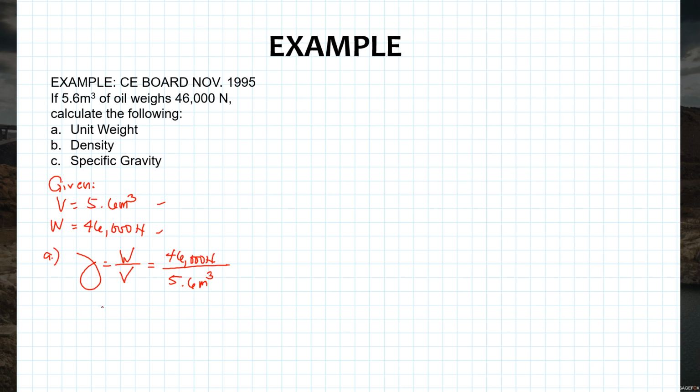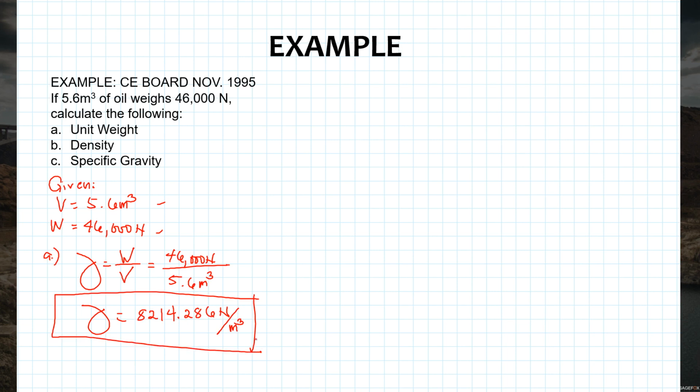Please compute the values. Okay. Gamma is equals to 8214.286 Newton per cubic meters. That's the answer for unit weight. That's for letter A.